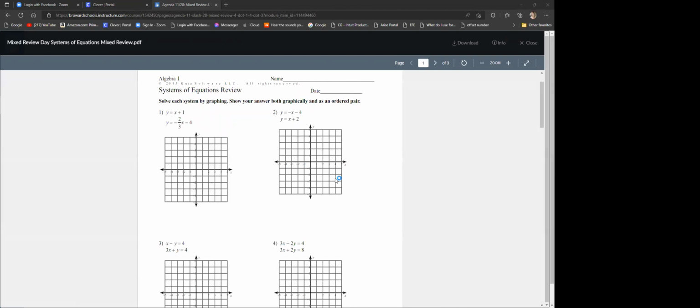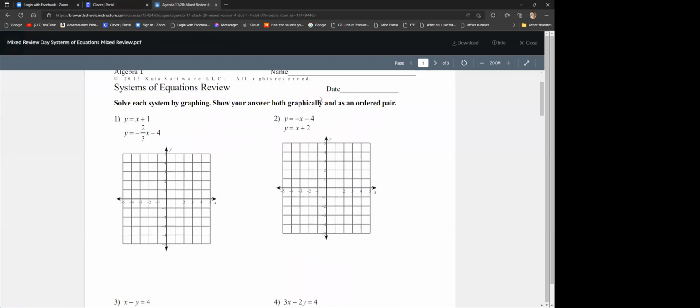Can you zoom in, blow it up a little bit? Okay, so see for this one right here, the y-intercept is 1, right? So we will start with this y-intercept right here. 0, 1 is right here, right? Okay, so now we know the slope is 1. We know the y-intercept is 1, and what's the slope?